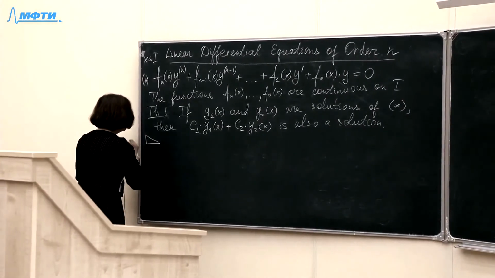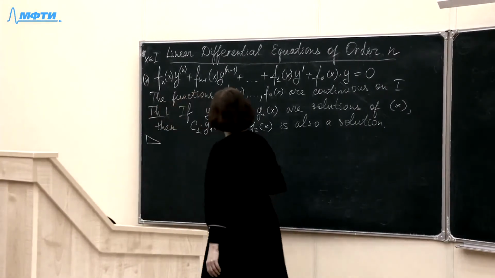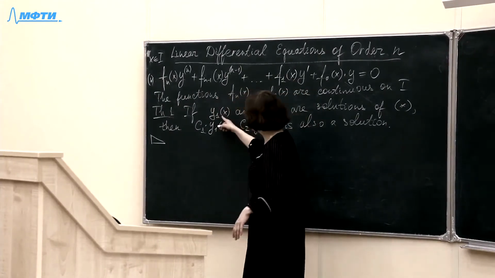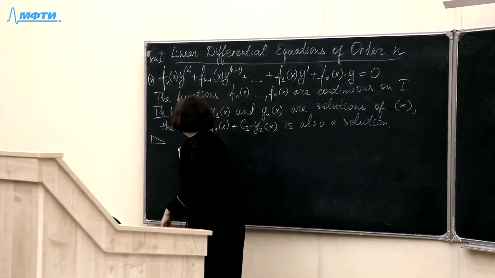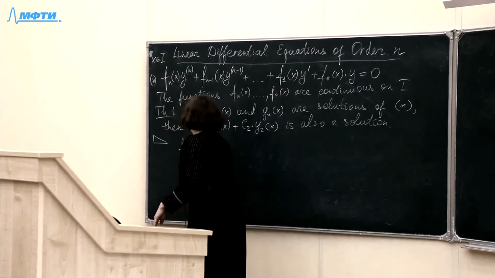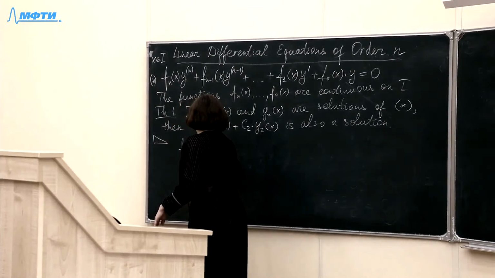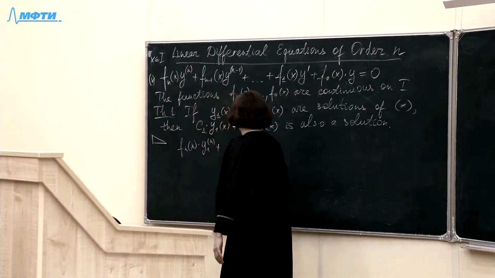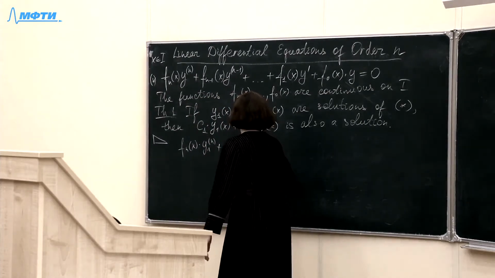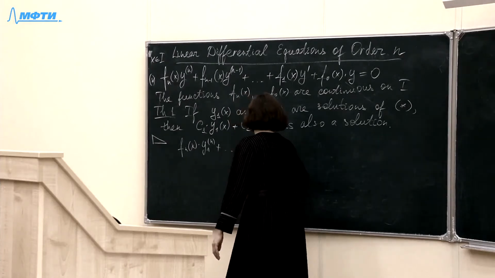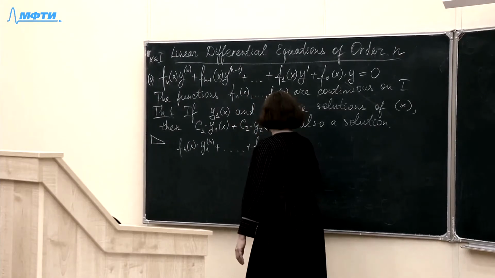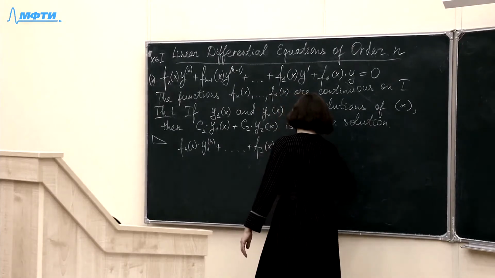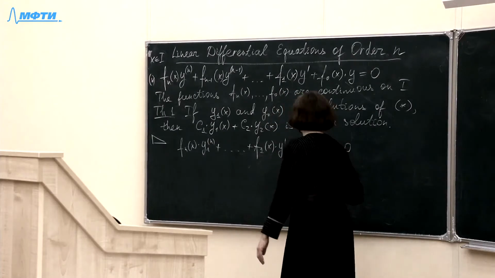So let's prove it. The proof is not difficult. Since y1 is a solution, it satisfies the following: fn of x times the nth derivative of y1, plus dot dot dot, plus f1 of x times y1 prime plus f0 of x times y1 equals 0.